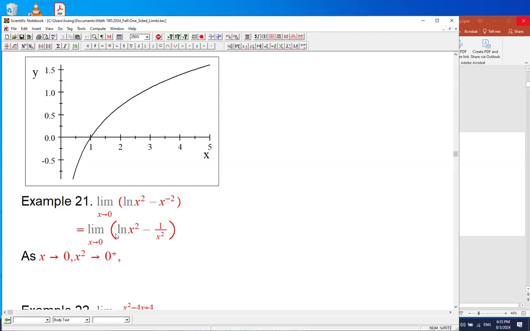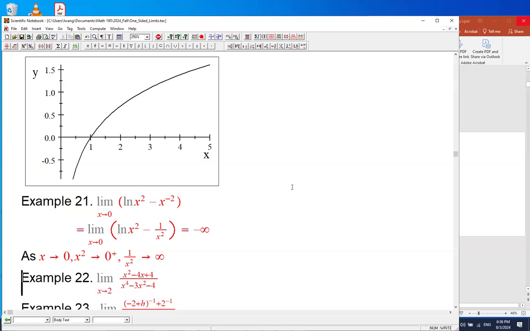So this piece is approaching negative infinity, and this piece is approaching positive infinity. So this is just going to be negative infinity. The whole thing is going to approach negative infinity.